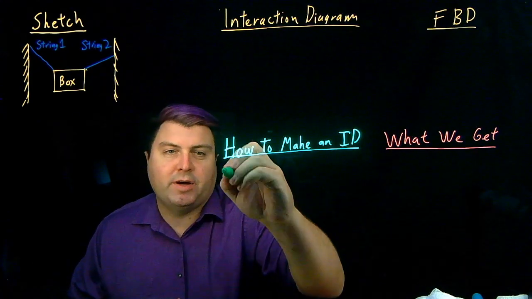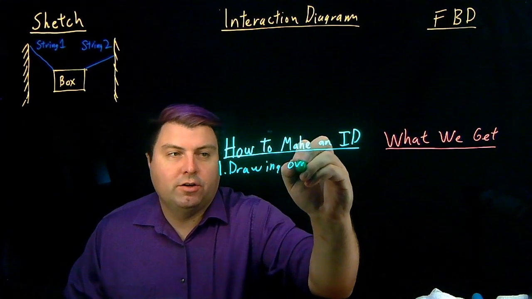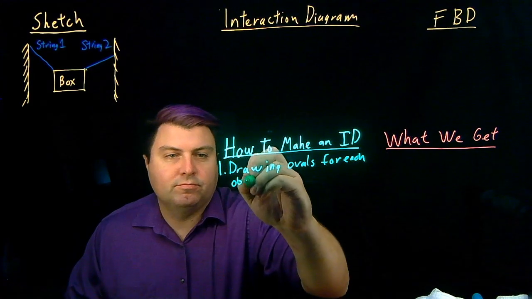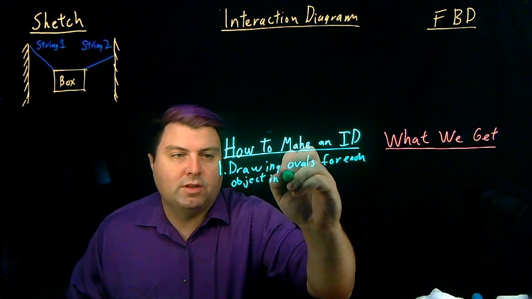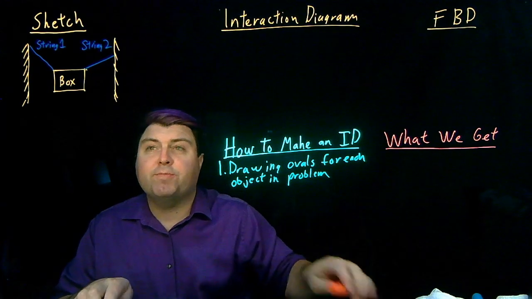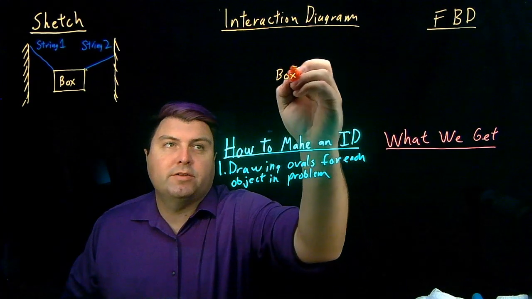Well, we start by drawing ovals for each object in the problem. So in this problem, we of course have our box, which we can just write as the box.